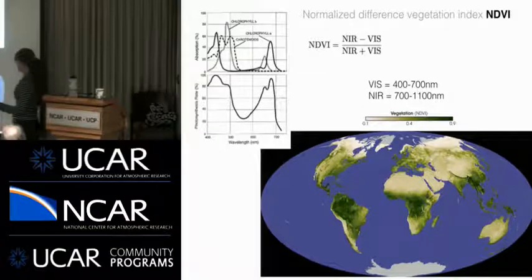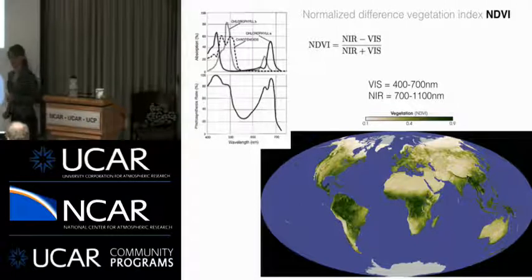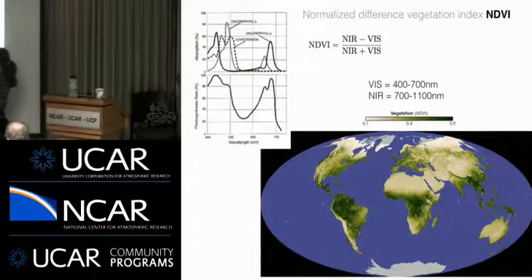NDVI goes from 0 to 1. And it's an index of how much photosynthetic pigment exists in any given place. The reason it works is because plant pigments, these things, chlorophyll, carotenoids, etc., mostly absorb radiation between 400 and 700 nanometers, right?